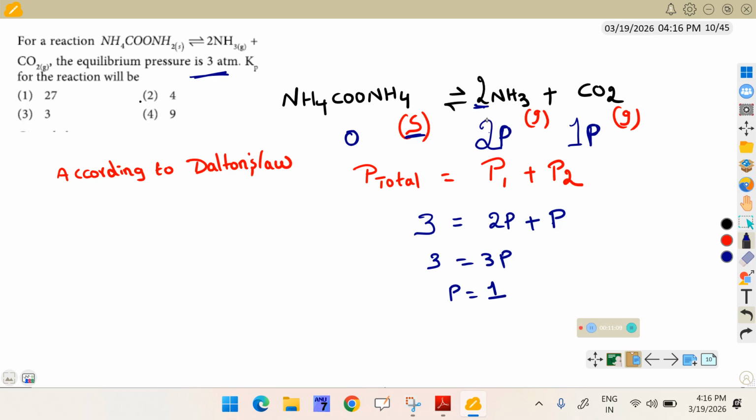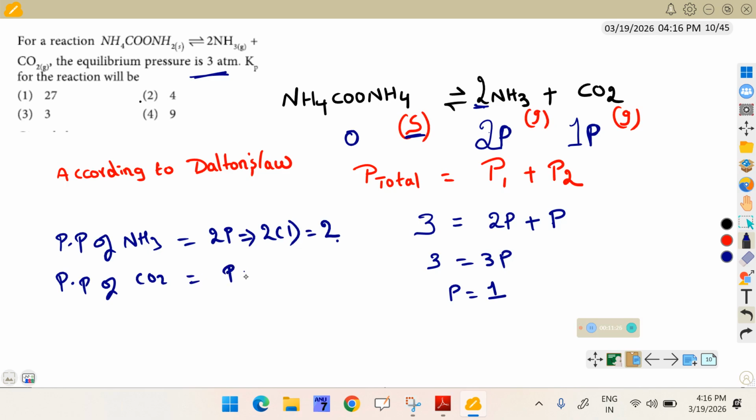So the partial pressure of NH3 is equal to 2P, that is 2 into 1. P value is calculated as 2. Partial pressure of CO2 is equal to P, 1 into 1, that is equal to 1.